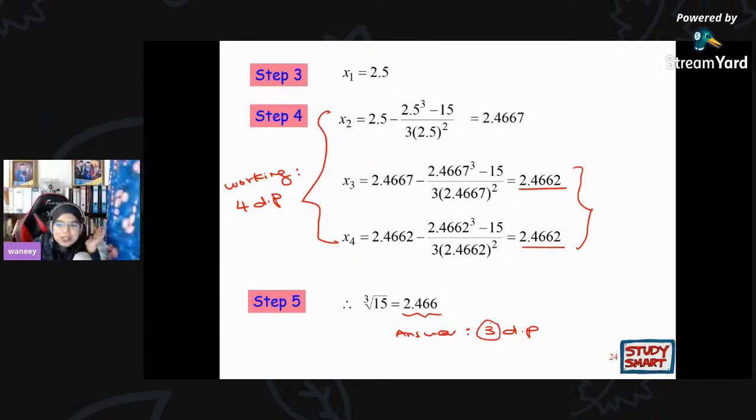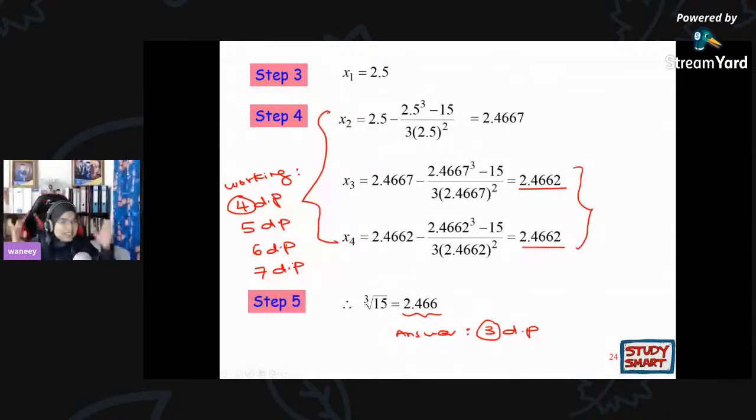So if this is 3, this is definitely 4, or you can use 5 or 6 or 7 and so on. The working must be more decimal places than the answer. If it is the same or fewer, there is a penalty. So do make sure it is more than what the answer requires. If the answer requires 3 decimal places, always make sure you give a working that is more than 3 decimal places.